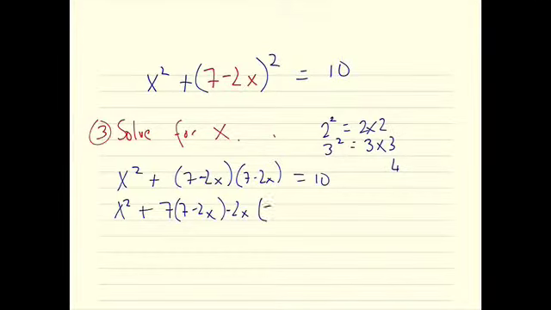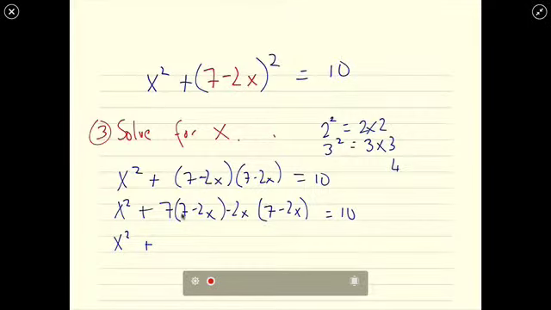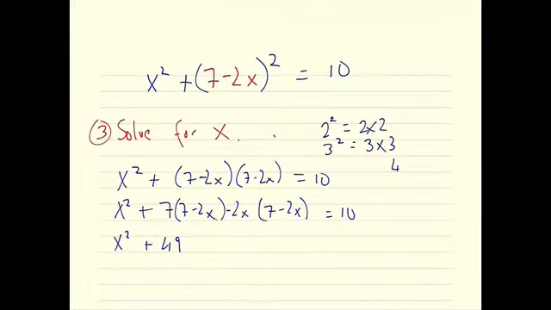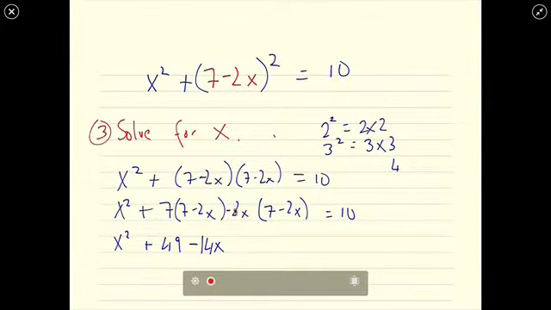And that's equal to 10. X squared plus 7 by 7, Reese? 49. Then I do 7 by minus 2x, Alan, which is plus or minus? Now I'm doing minus 2x by 7, Reese.